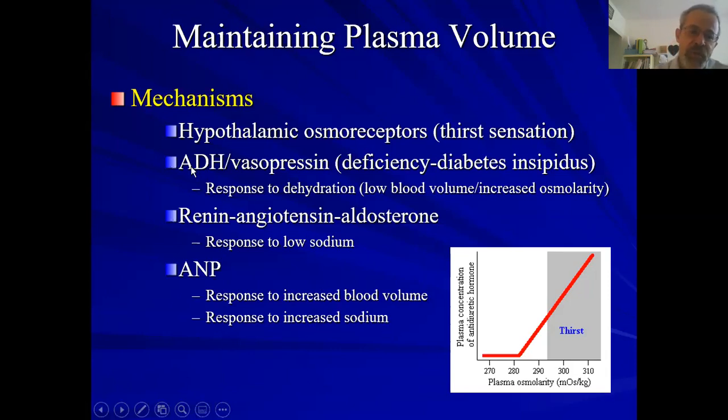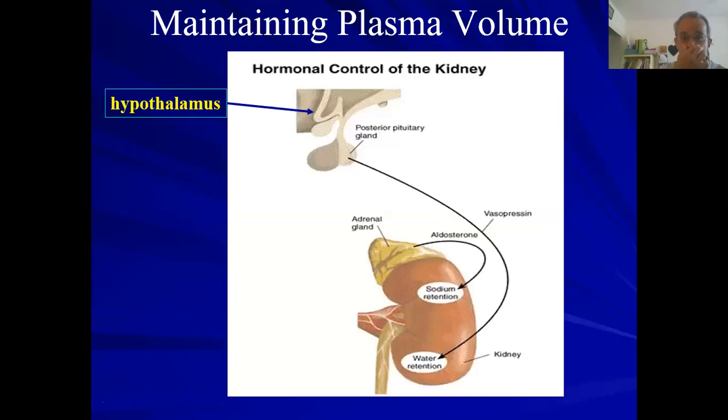Remember, ADH is produced by the hypothalamus, and aldosterone is produced by the adrenal gland. And this is kind of a neat little picture as well. Here we've got, from the hypothalamus via the pituitary, vasopressin that promotes the uptake of water. And then aldosterone from the adrenal gland promotes the uptake of sodium. Both of these in response to low levels of each.